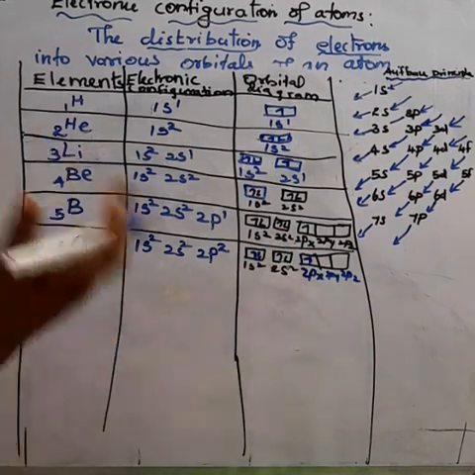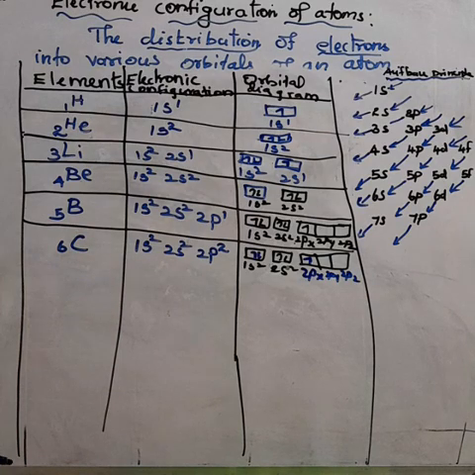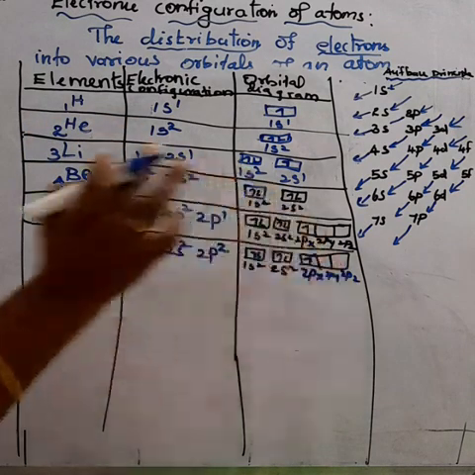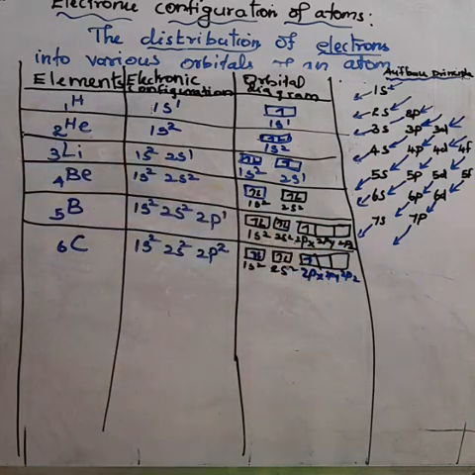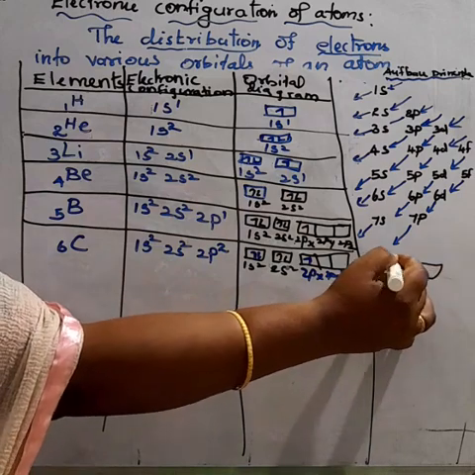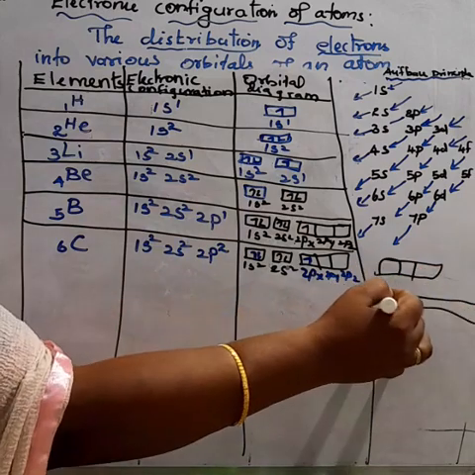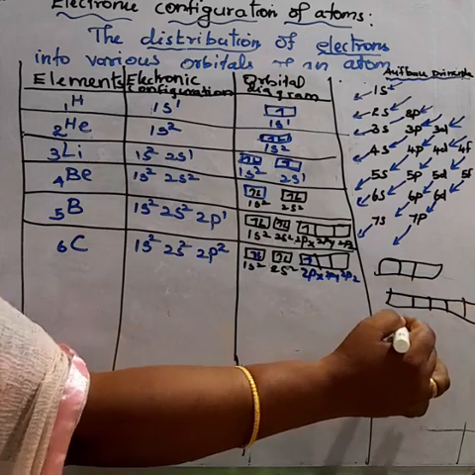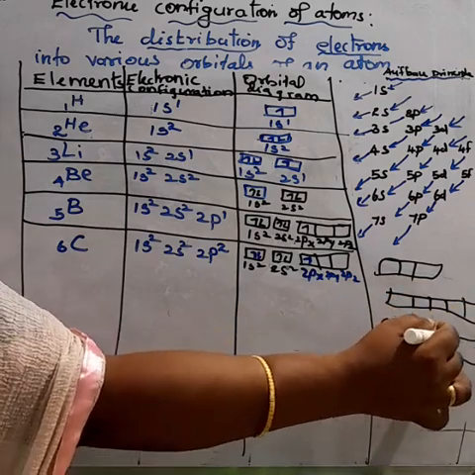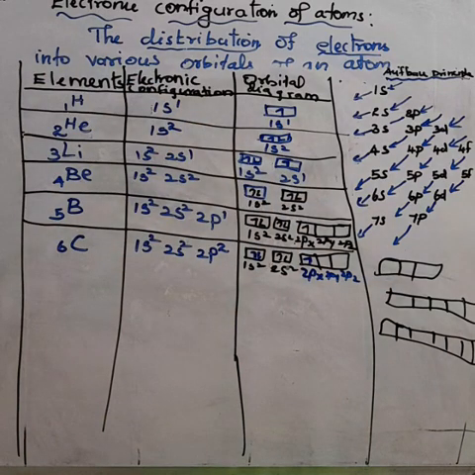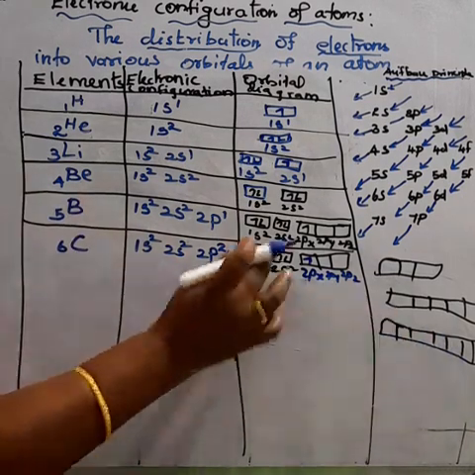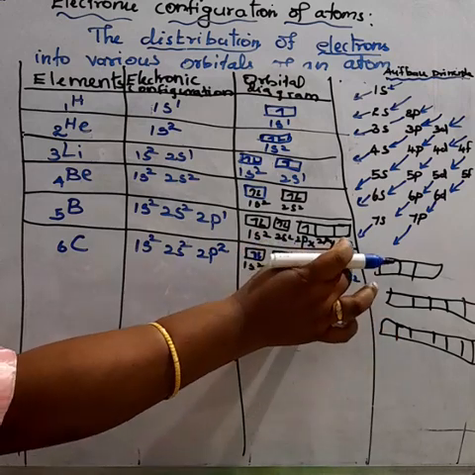According to Hund's rule, how will you fill the electrons in degenerate orbitals? Degenerate orbitals, for example the p, d and f orbitals, means every orbital in the same subshell has the same energy. According to Hund's rule, electron pairing does not take place until the available orbitals contain 1 electron each.